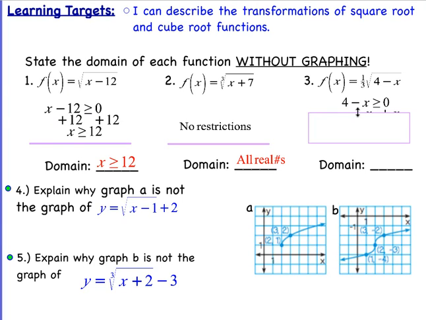So for that reason, we're going to say 4 minus x has to be greater or equal to 0. Well, in this case, I have 4 minus x. I want a positive x, so I am going to add x to both sides, and that leaves me with 4 is greater or equal to x. Well, what does that mean? It means that x has to be less than or equal to 4.